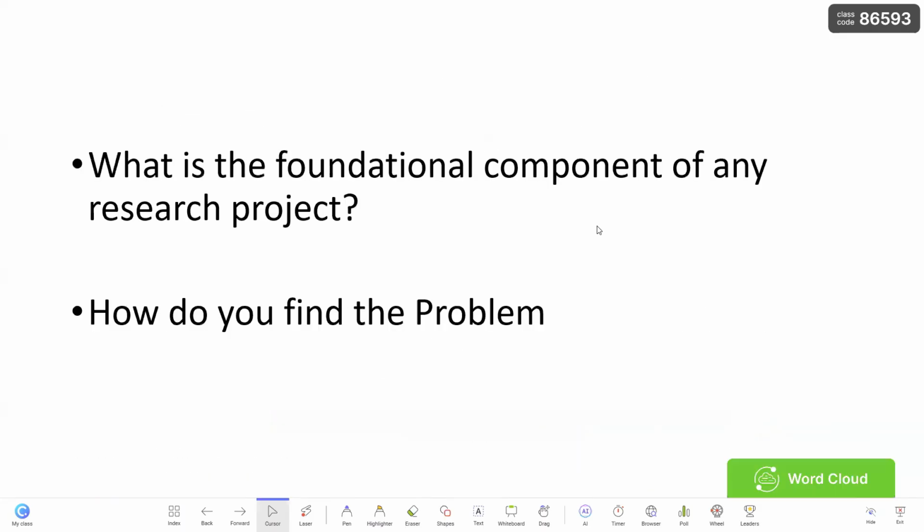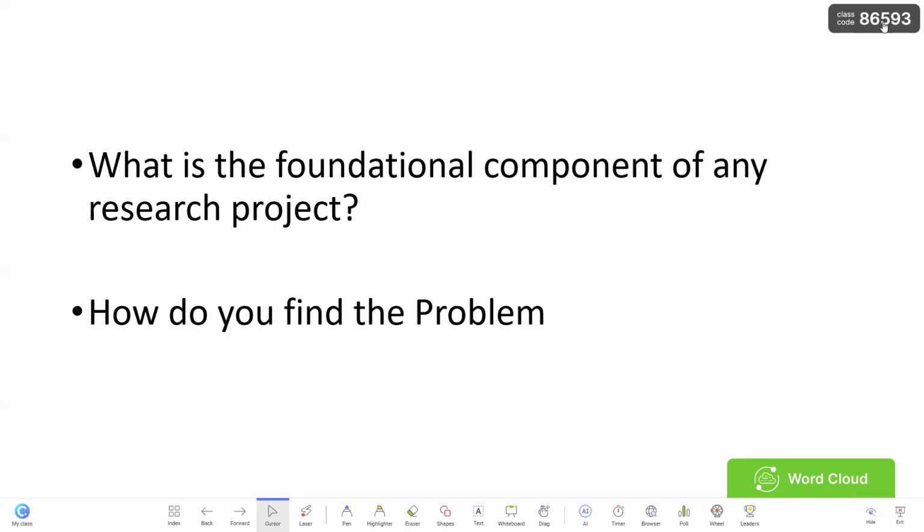Right. Before that, I would like you to answer this question: what is the foundational component of any research project? Before starting, I would like to do a small activity.